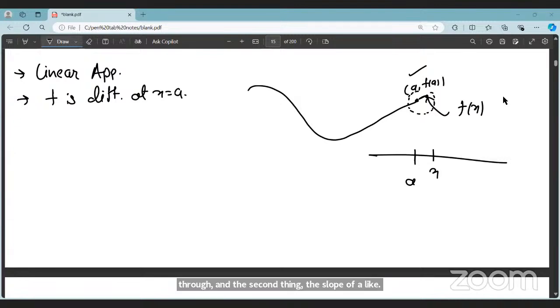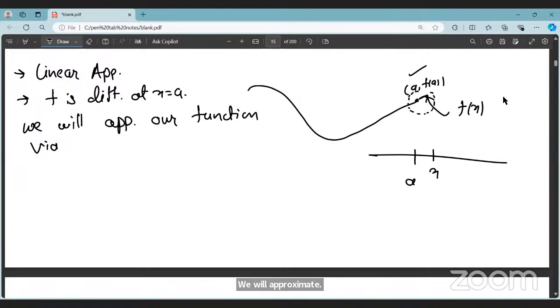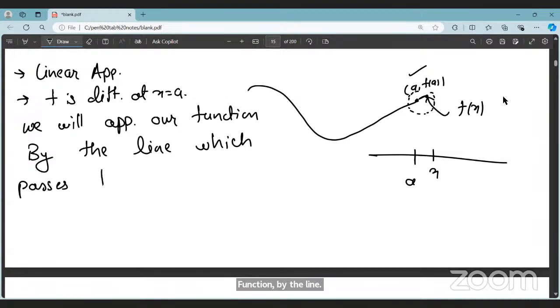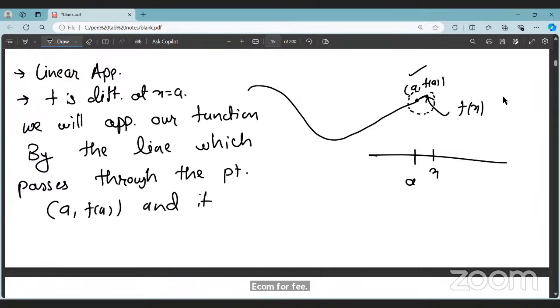So we will approximate our function by the line which passes through the point a comma f of a, and it has a slope.